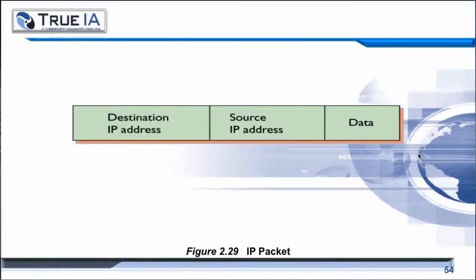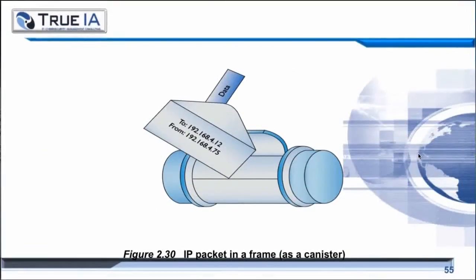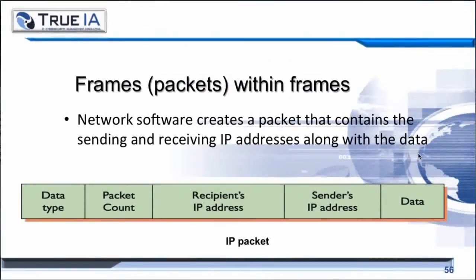So a common IP packet looks like this: destination IP, the source IP, and the actual data that it's carrying. So far, Nick seems to be doing a pretty good job. So now we have frames and packets within those frames.